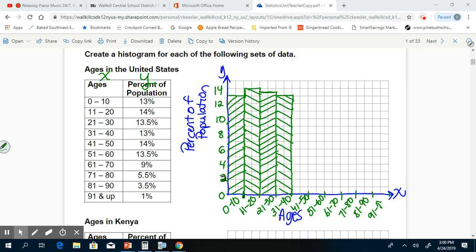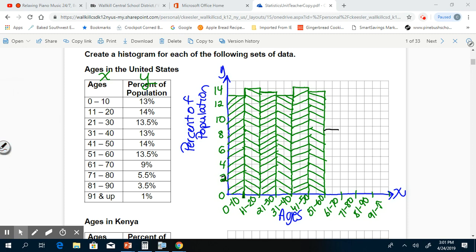Then 41 to 50 is 14 again. 51 to 60 is 13 and a half again. So we're seeing that the population of each age group is about the same. And then 61 to 70 goes to 9.